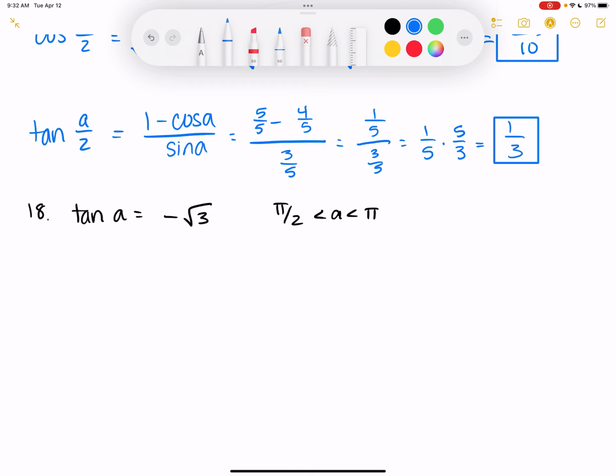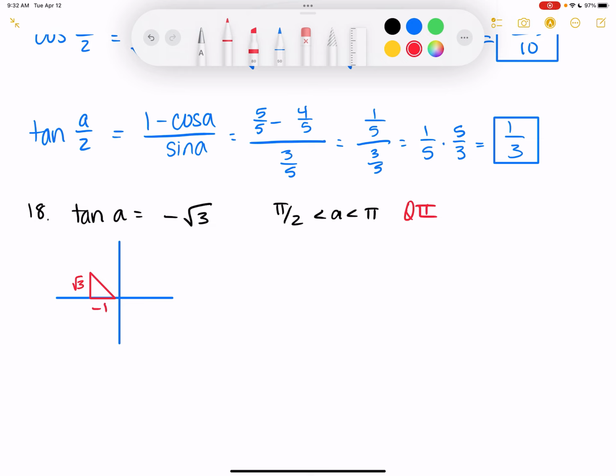All right, so where's this one? Quadrant 2. Okay, it's going to be over here. Tangent is opposite over adjacent, so that means square root of 3 is here, but that's a positive y value, meaning my x value has to be -1.